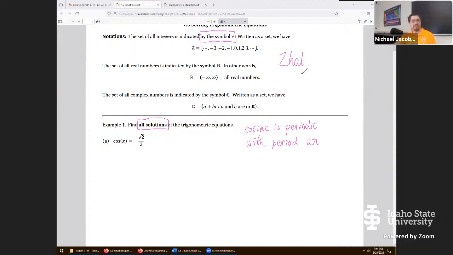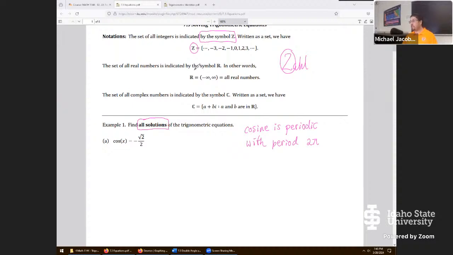Zahl for integer in German. That's kind of interesting, actually. Oh, switch those around, so Zahl. So they take that and come up with a set of integers like that. The French and German have a lot of footprints on mathematics because of their early pioneer work hundreds of years ago.